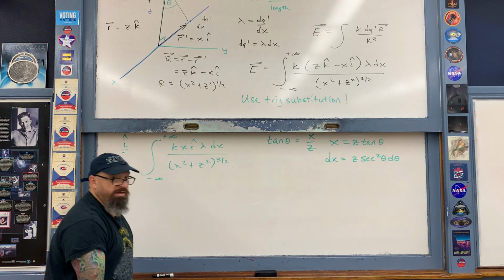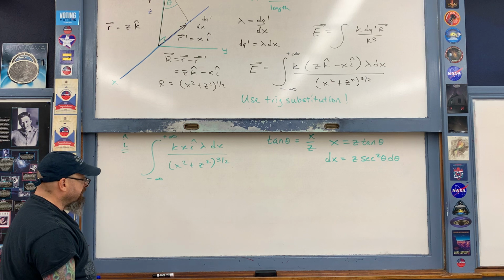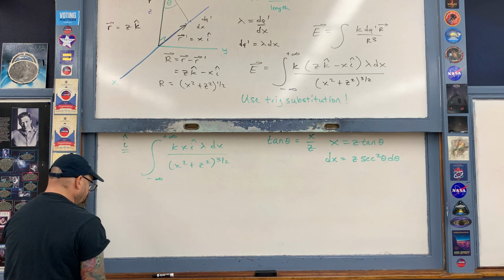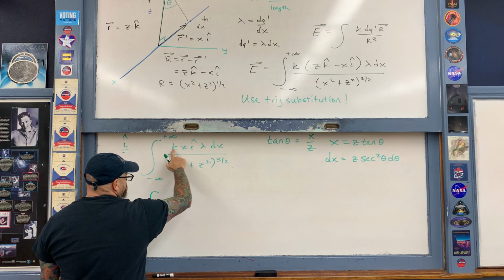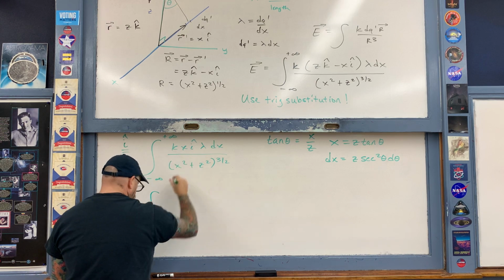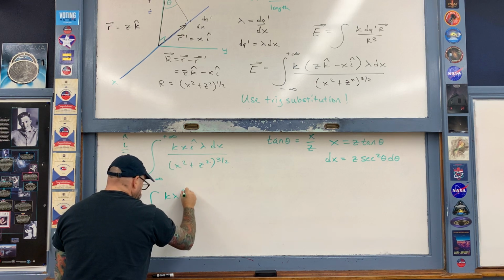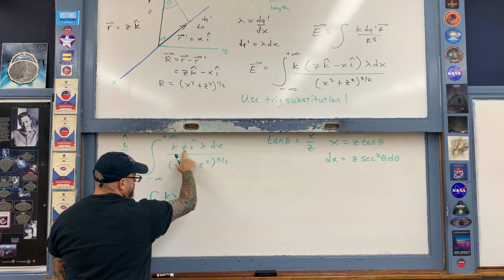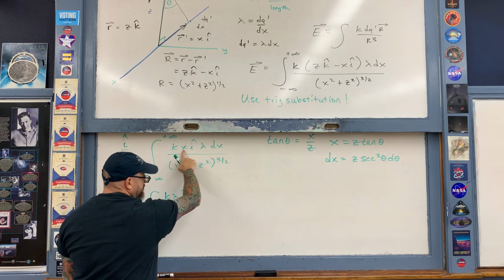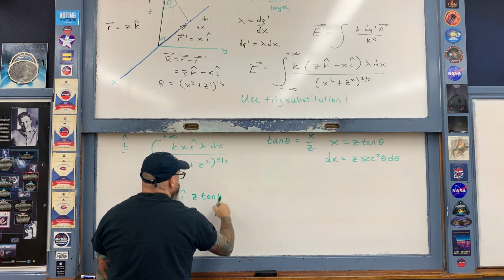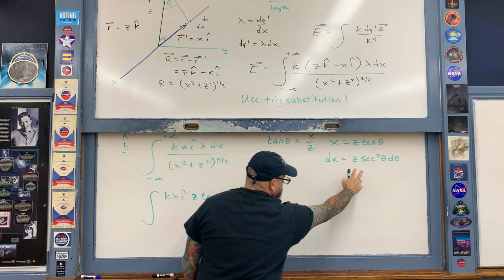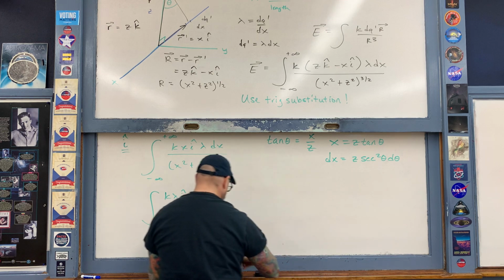And now let's switch variables for our integral. Okay, setting this up, first of all, let's see the constants. We have k times lambda times I hat, and then I have here x times dx. The x is now z tangent theta, and the dx right here is z secant squared theta d theta.